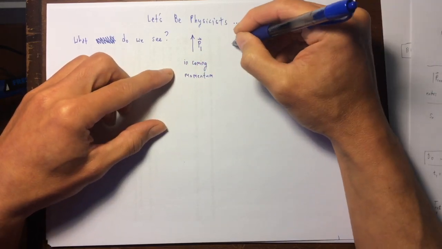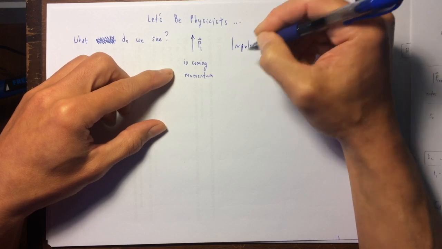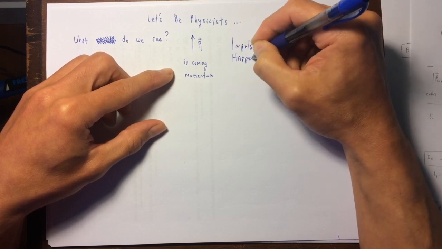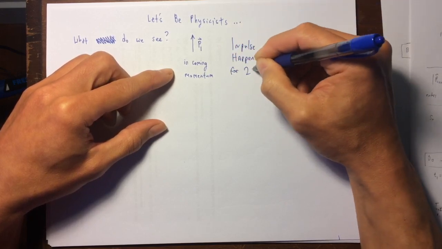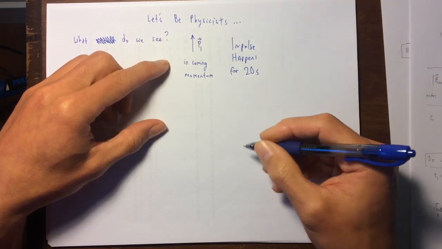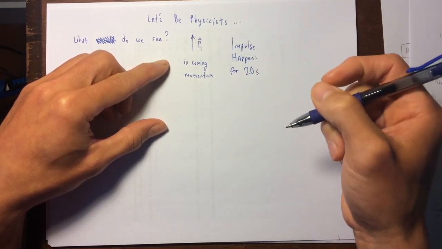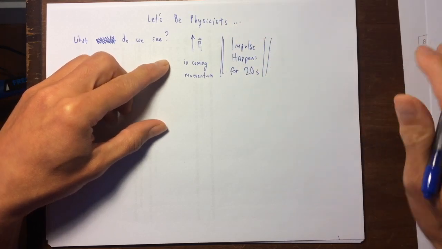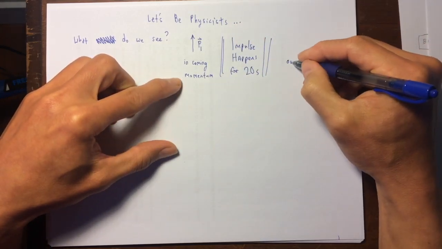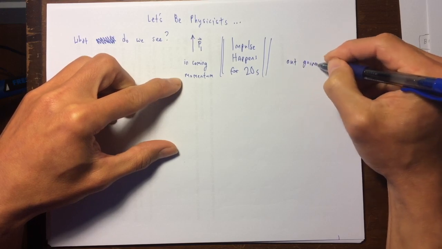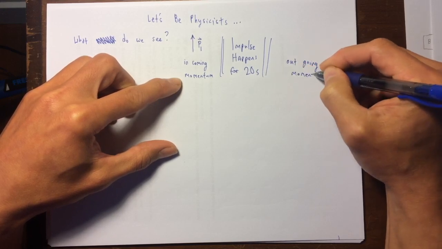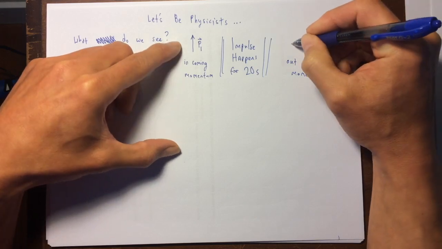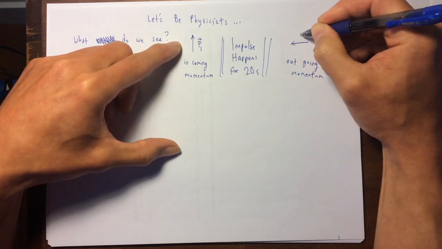And then impulse happens over 20 seconds. Some process occurs, and at the end of it there is an outgoing momentum that is this way instead.